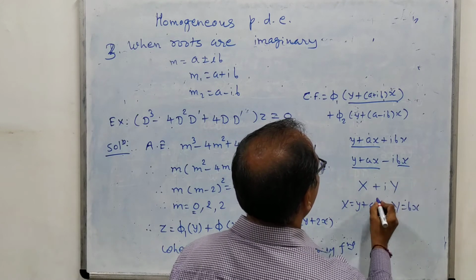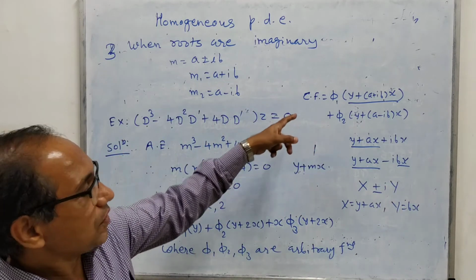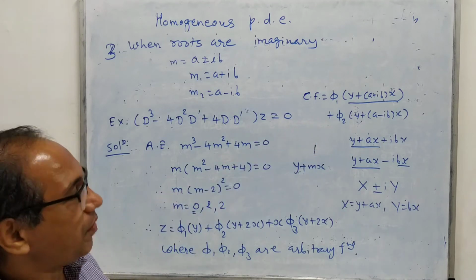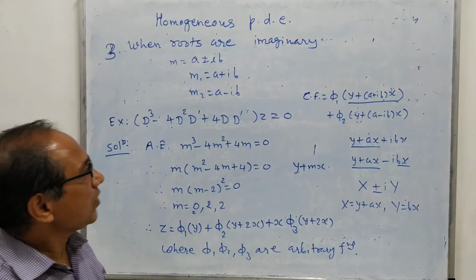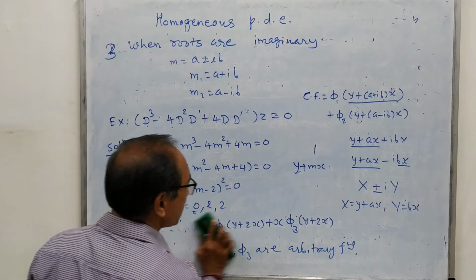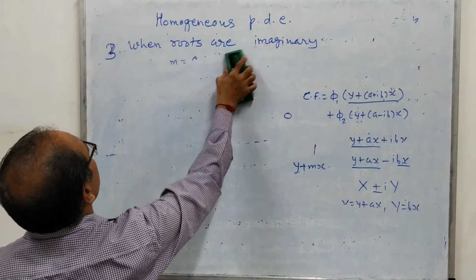Okay. And this second solution will become X minus iY. So you can also write down the solution into this form. But it is simpler to write down the solution into this form. Now let us see more examples based on the 3 cases.